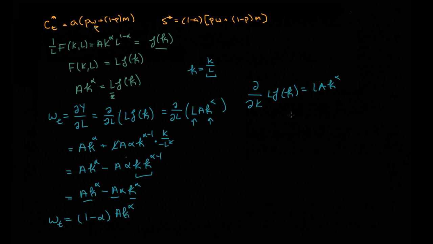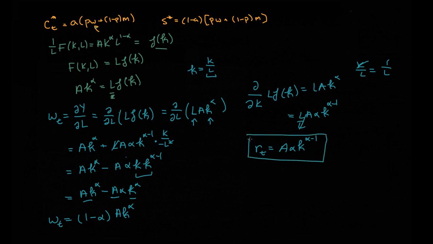The derivative of that with respect to K is just going to be L A alpha k to the alpha minus 1, and then this k is itself K over L. So the derivative of that will just be 1 over L, the L will go away, and then these will cancel. So in fact, our r is going to be equal to just A alpha k to the alpha minus 1. And that solves the problem of the firm.